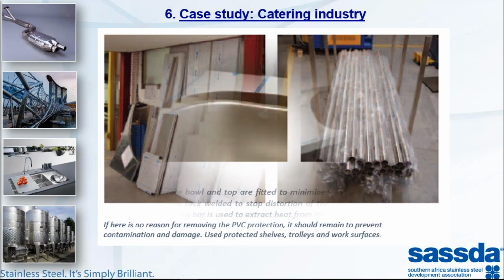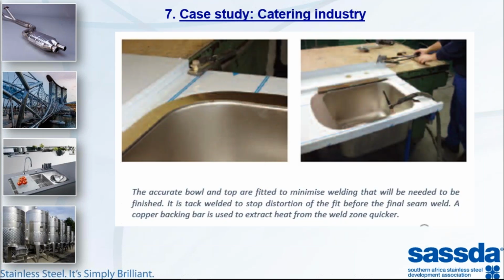So now once they drop the bowl in, the PVC will be removed in the area where we will want to weld. Your artisan's workmanship comes in now. They will have all kinds of custom-made clamps and things to get a proper fit. They will then start, and this is where the correct procedure for welding comes in.